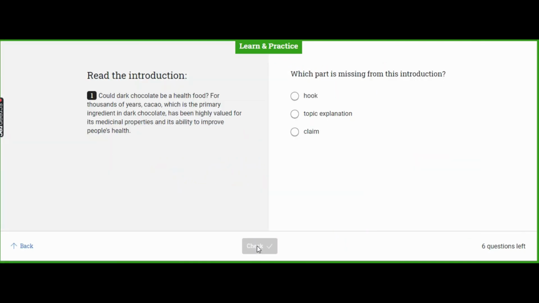Read the introduction. Could dark chocolate be a health food? For thousands of years, cocoa, which is the primary ingredient in dark chocolate, has been highly valued for its medicinal properties and its ability to improve people's health. Which part is missing from this introduction? The hook, the topic explanation, or the claim? 30 seconds.